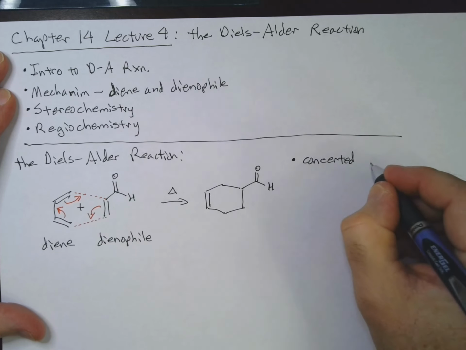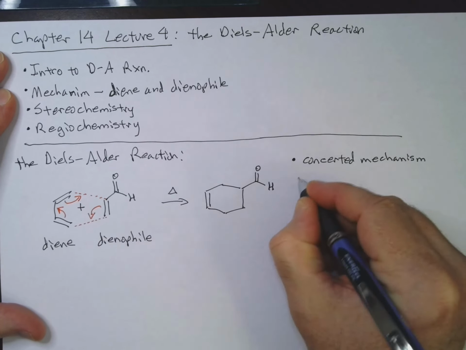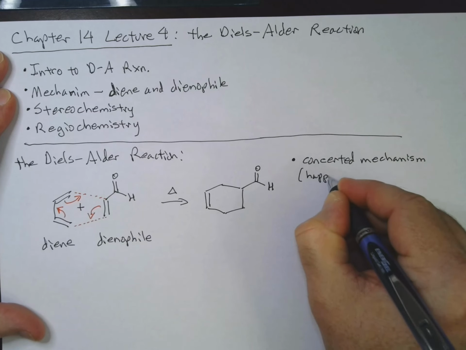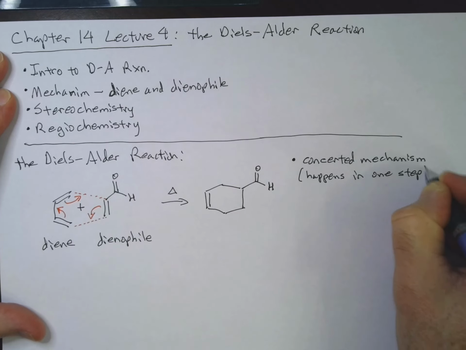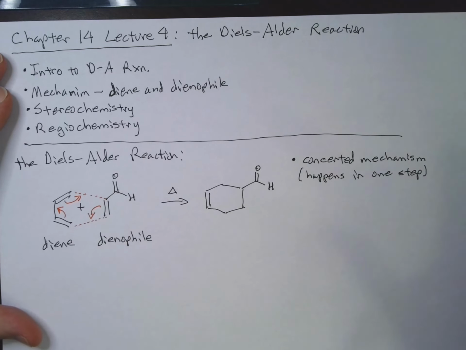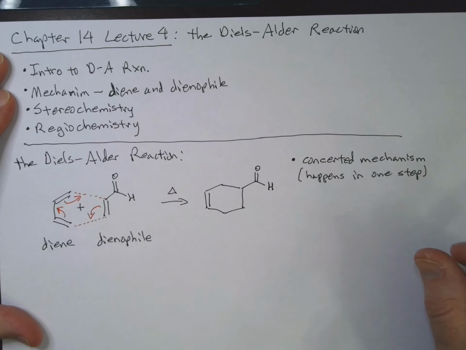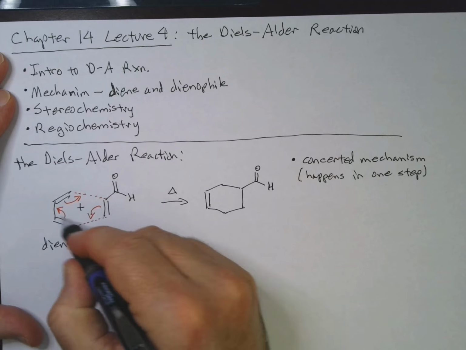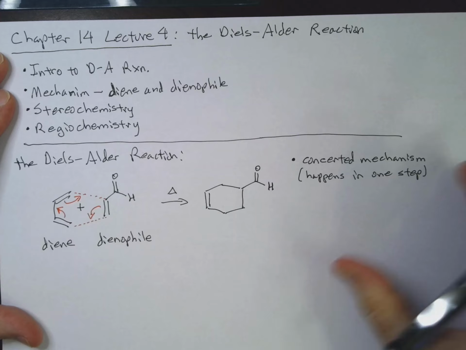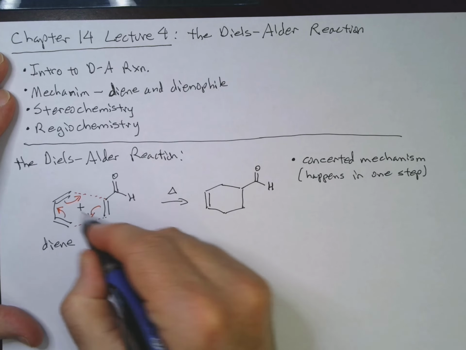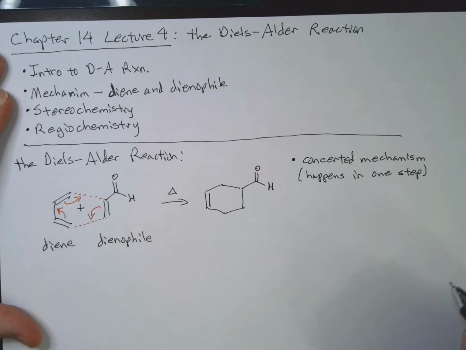Well, that means it happens all at once, in one step, similar to how an SN2 reaction happens in one step. The nucleophile attacks and the leaving group leaves at the same time. Here, the electrons move, and it doesn't matter which way you draw the arrows, clockwise or counterclockwise, but the diene and dienophile react to make the two new bonds at the same time.